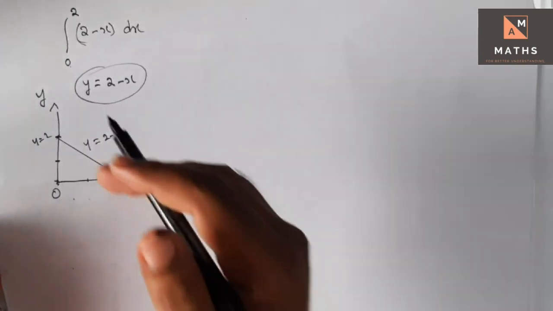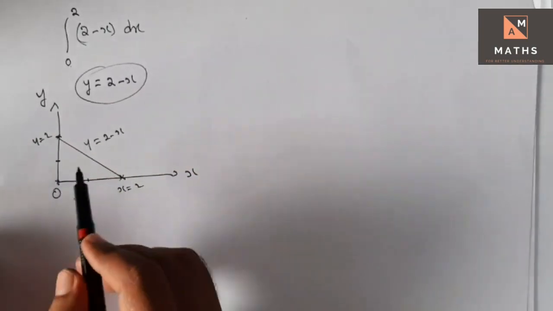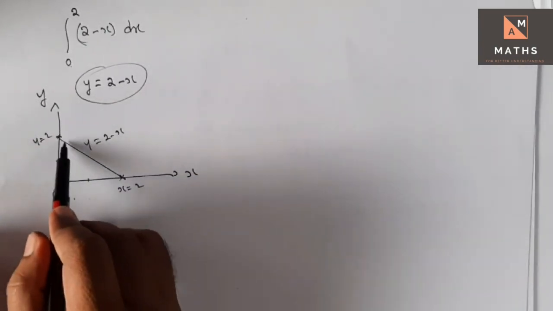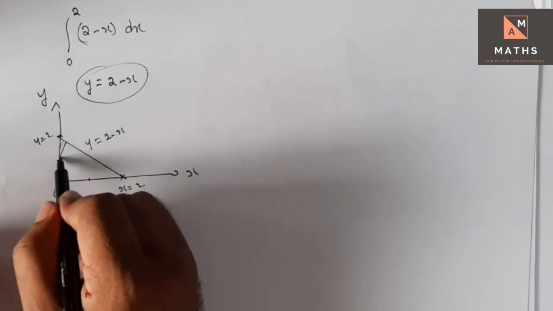Integration is nothing but finding the area under the curve. Here the curve is this straight line, and under this curve means this area we have to find.